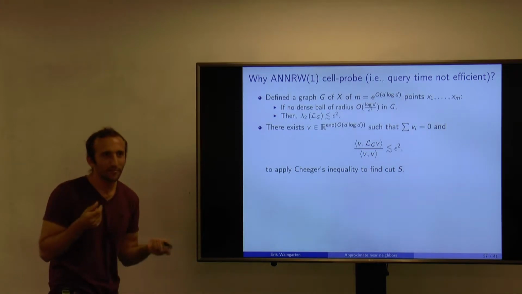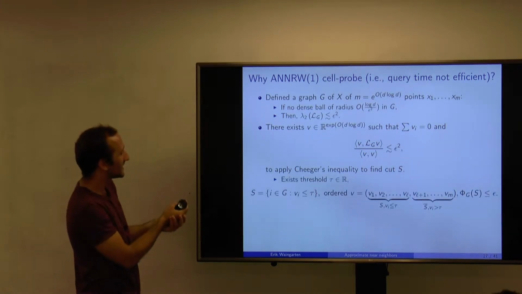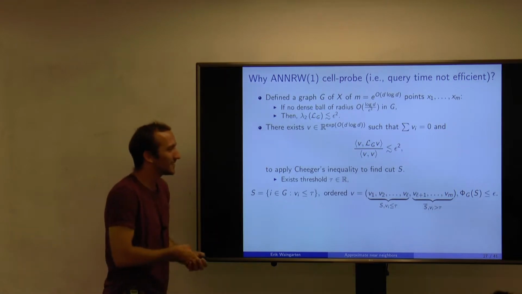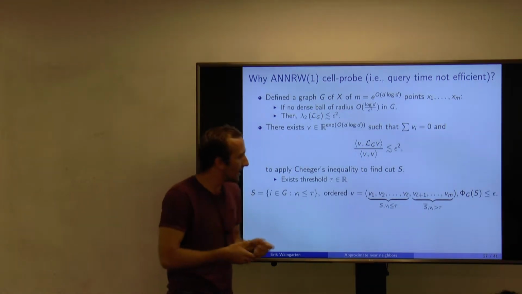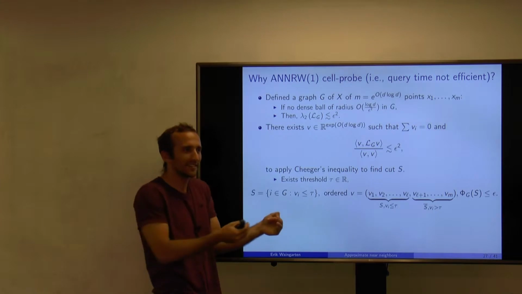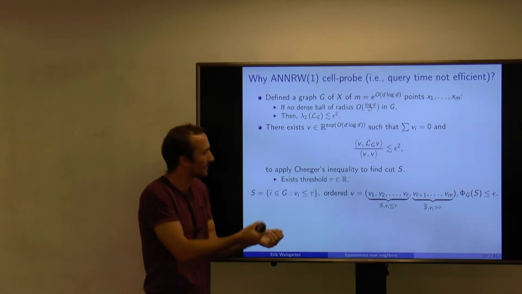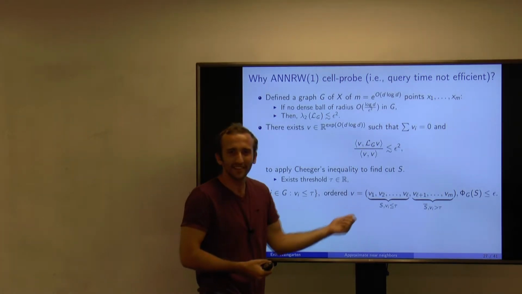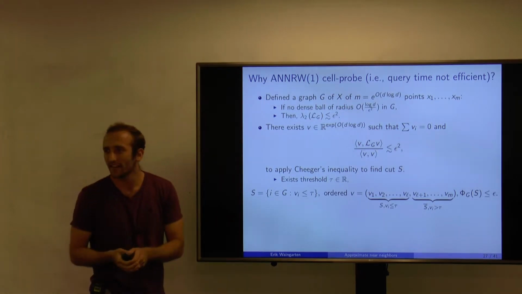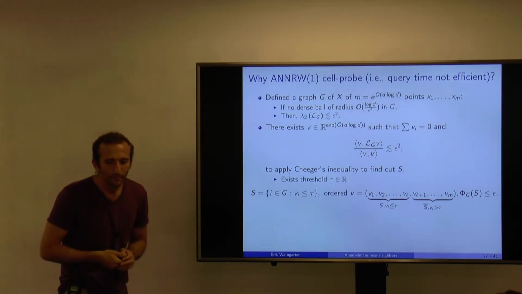Okay, so if you know the proof of Cheeger's inequality, basically what this theorem is saying is that the cut is given by taking my eigenvector and at some point thresholding it and considering all the vertices for which the position of the eigenvector at that vertex is less than some threshold tau or greater. So that's what we get from Cheeger's inequality.